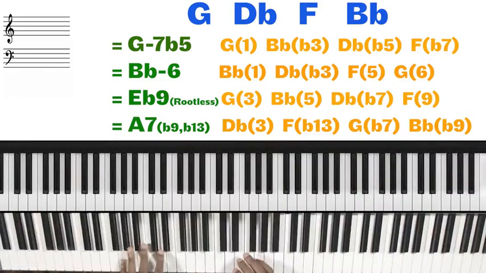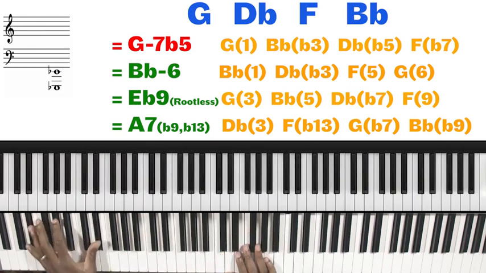So all these different possibilities just go to show that the harmonic qualities aren't determined by what the bass note is. The bass note just provides us with a letter name or what the harmony is functioning as. So when there's a G in the bass, the harmony is functioning as a G minor 7 flat 5.